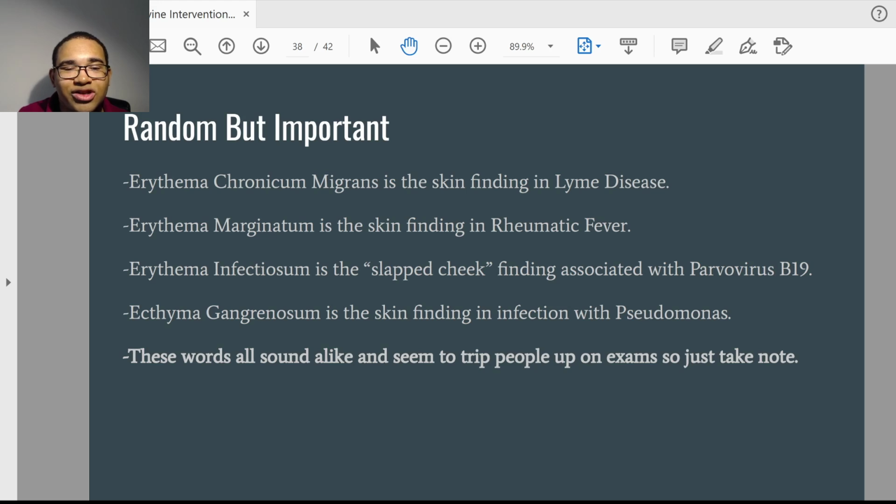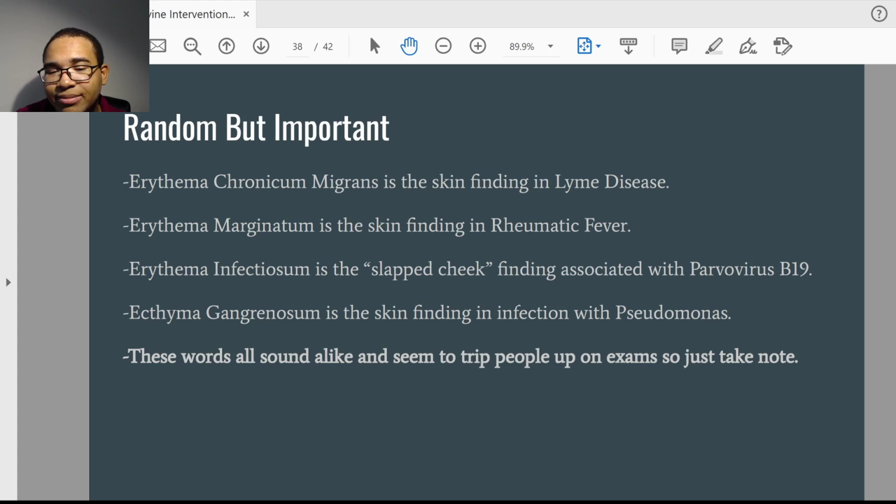Okay, so this slide is just some random stuff that's important. The MBME writes these as a series of answers to kind of mess with your head, to do you dirty like that. So let me try to make sure you don't make those kinds of mistakes. These words all sound similar, but they all relate to completely different pathologies, right? Erythema chronicum migrans is the skin finding in Lyme disease, the first stage of Lyme disease. That's the bullseye rash, right?